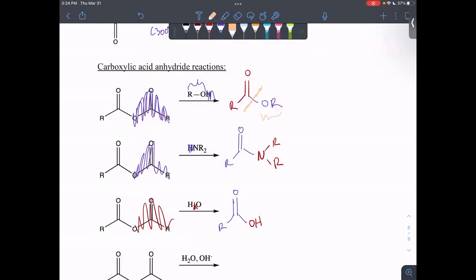ROH, as a reagent to make the initial ester, yeah. But then in the second step, I would use water, because if you use an alcohol in the second step again to cleave this thing, you'd get a carboxylic acid product and an ether, which is not what we want.